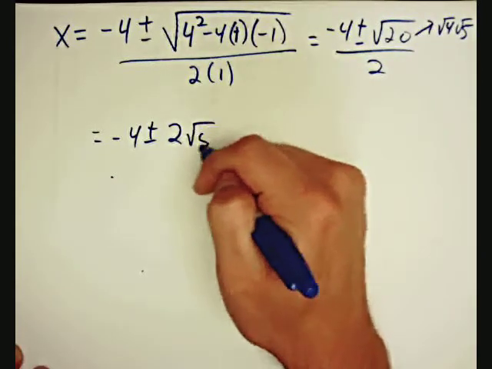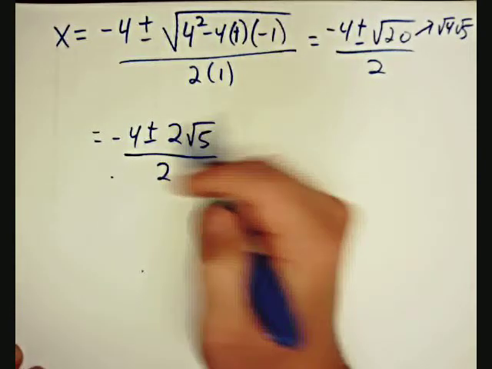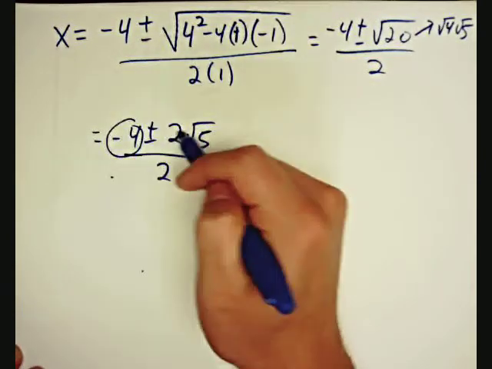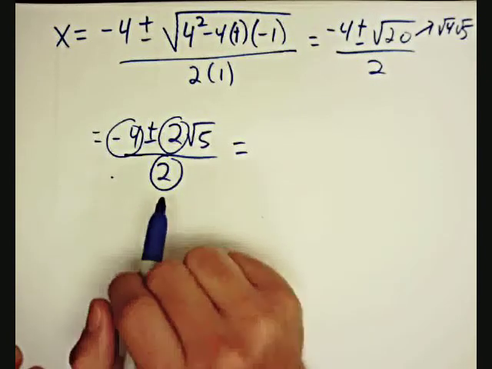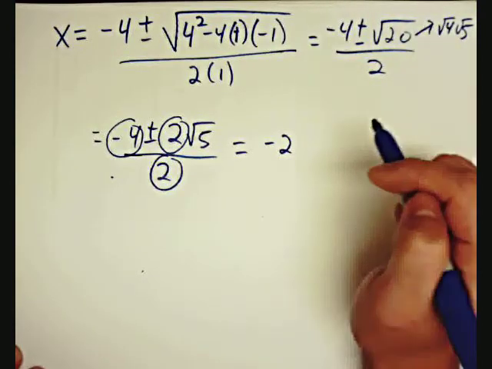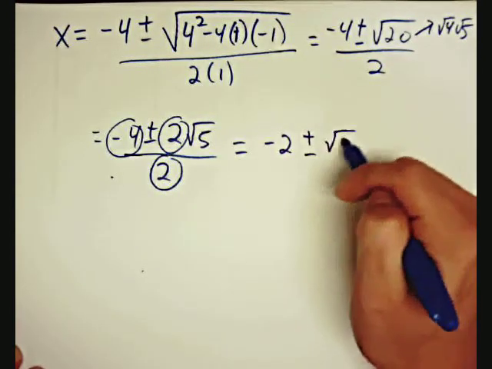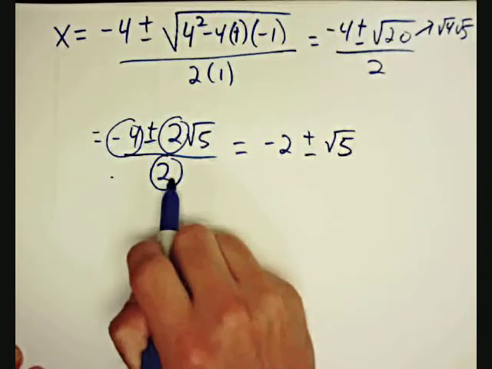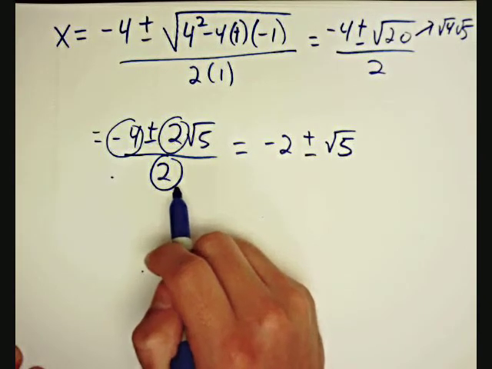Square root of 5 is a never-ending decimal, over 2. And then lastly, simplify our fraction looking at these three numbers. They're all divisible by 2. Negative 4 divided by 2 is negative 2. Plus and minus, 2 divided by 2 is 1, but because of the square root, you don't need to write the 1. And then denominator, 2 divided by 2 is 1, so that eliminates the need for the denominator.